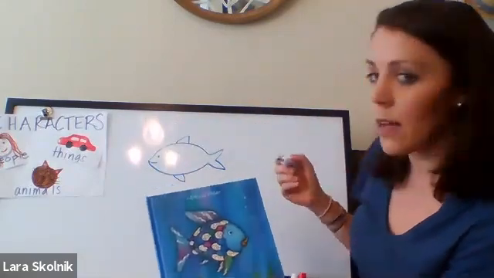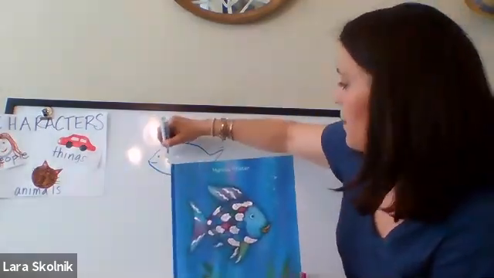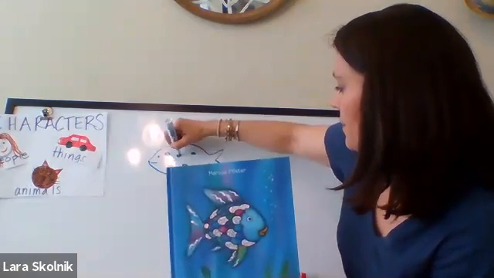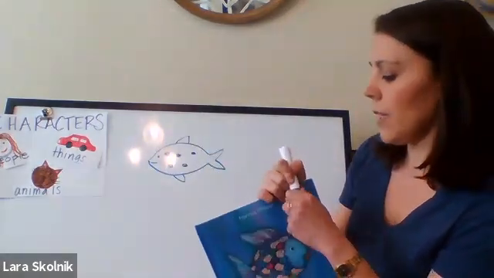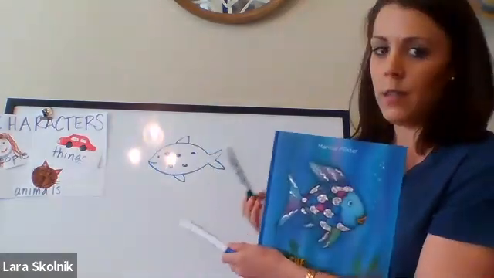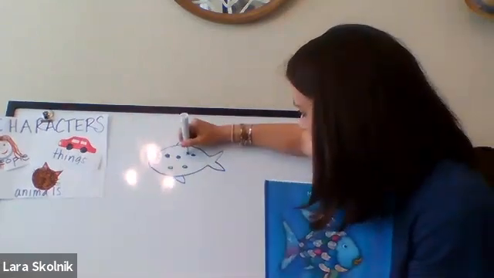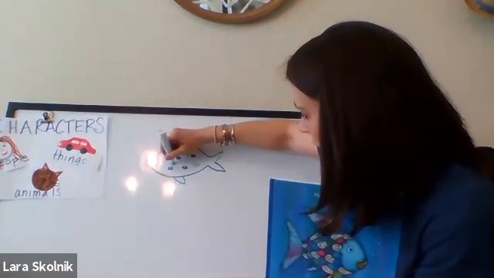And now let's draw some scales. We know that he has blue scales. What other colors? Yeah, he has green. Let's see if my green marker works. It was kind of running out before. Green, oh, there we go, a little green.